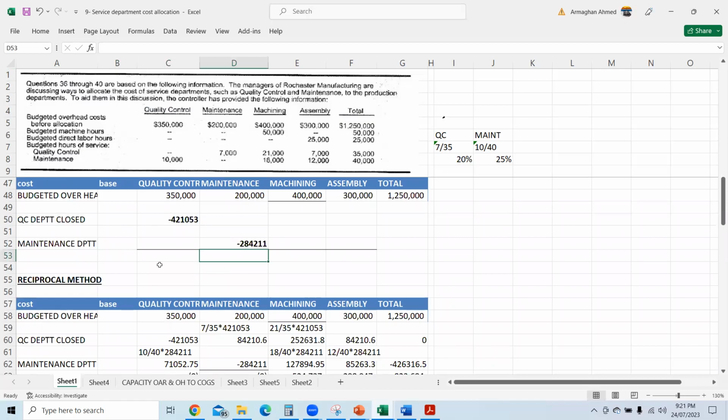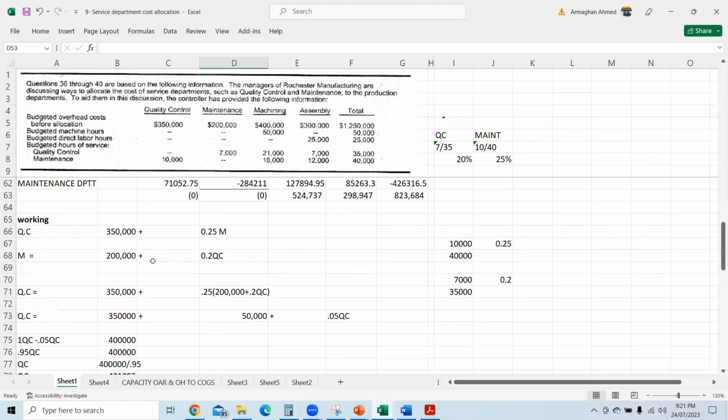So what we have done is, first through the working we found out the equations: quality control own cost was 350, but it gets 25% of maintenance, whereas maintenance's own cost is 200, but it gets 20% of quality control. Then we started with the equation QC is equal to 350 plus 0.25 M, and at the place of M we use M is equal to 200 plus 0.2 QC.